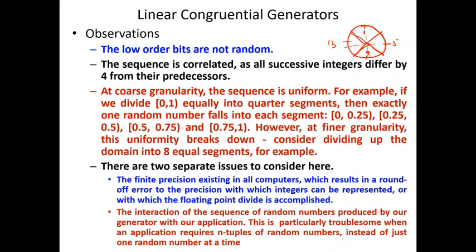So whenever we do a floating point divide operation or anything, the round off error will surely occur. And the other issue is the interaction of the sequence of random numbers with the application. Depending on what application you are going to use it for, there will be some kind of interaction of the sequence generated with the application.